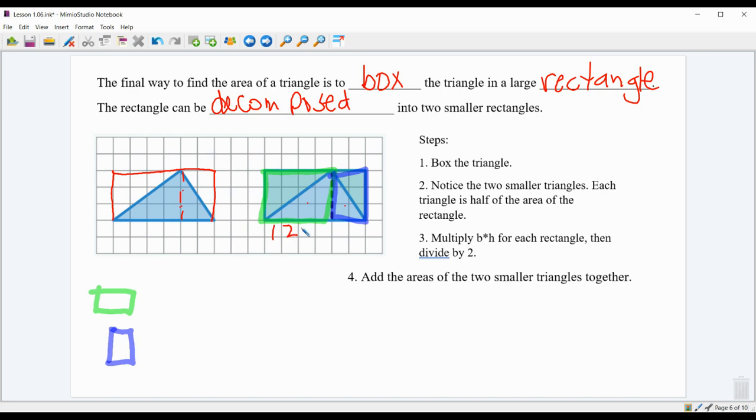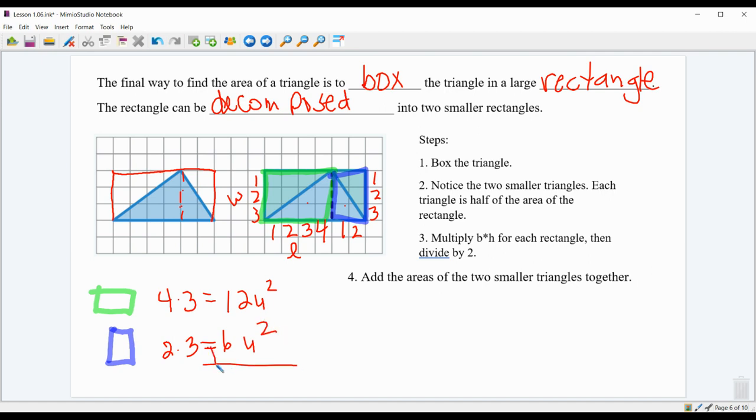The green rectangle is 1, 2, 3, 4 along the length, and 1, 2, 3 along the width. 4 times 3 equals 12 units squared. The blue one is 2 times 3, which equals 6 units squared.